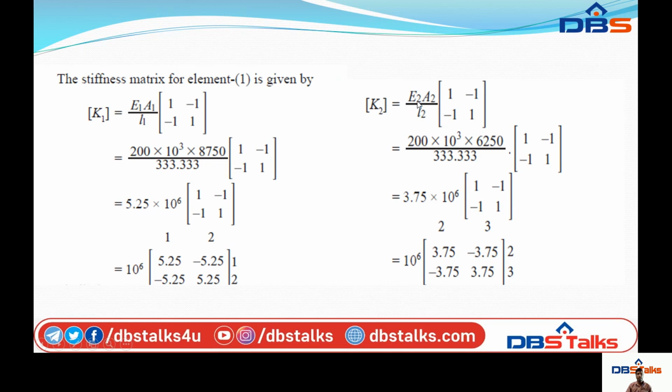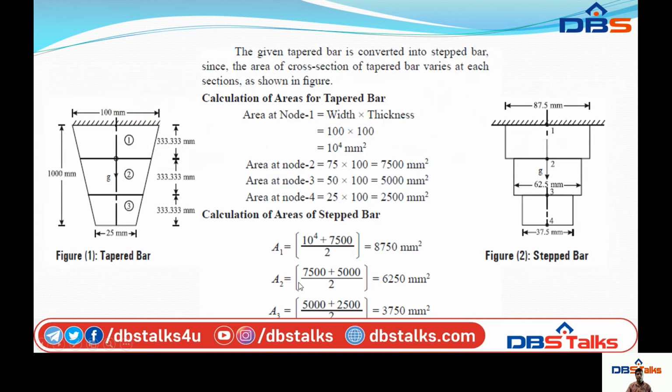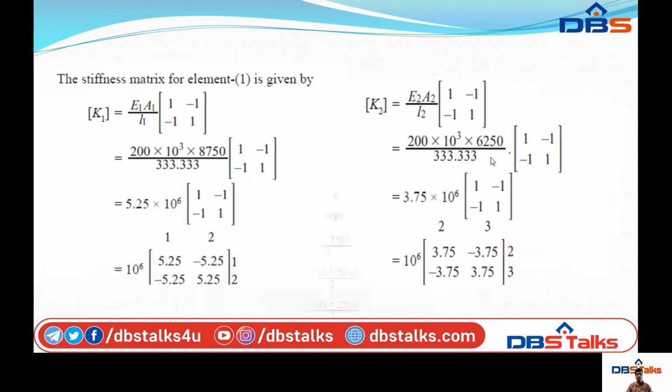Similarly, for element 2, E2 A2 by L2 times [1 -1; -1 1]. Young's modulus is the same for all elements, 200 gigapascal, so 200 into 10 cube, into the area of the second element, A2, 6250 mm square. The length is the same for all elements, 333.333.